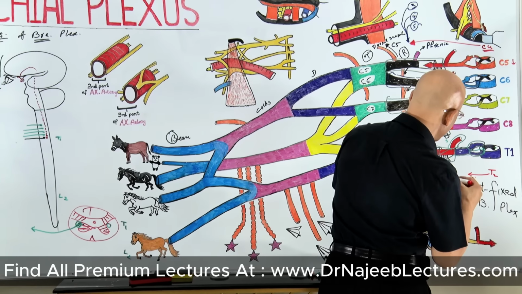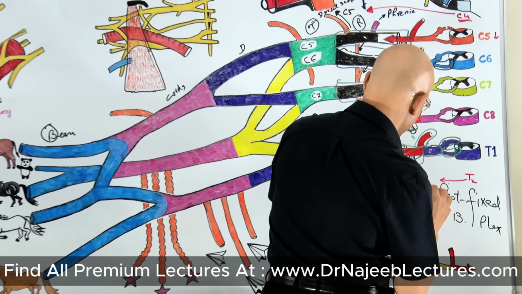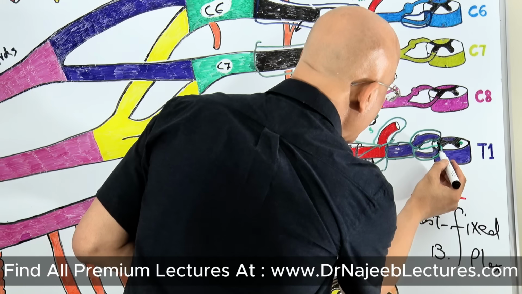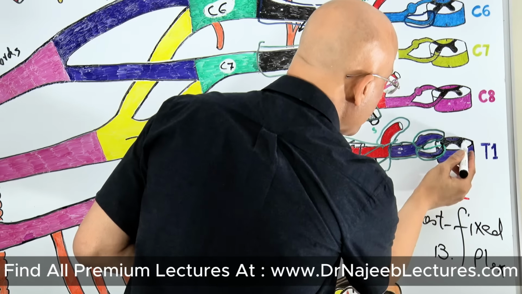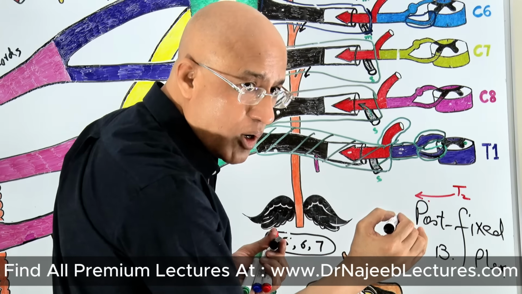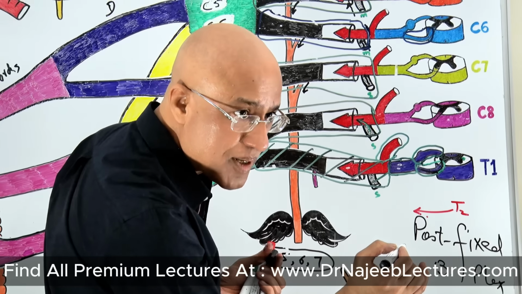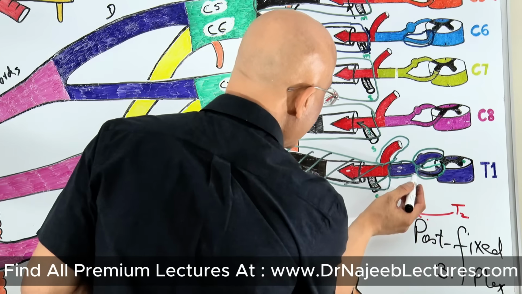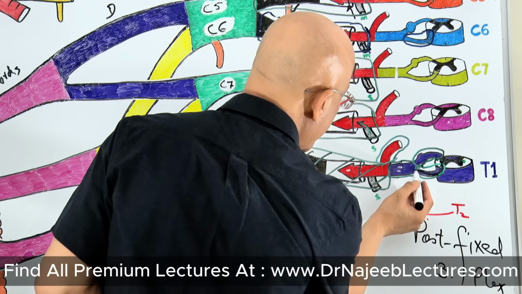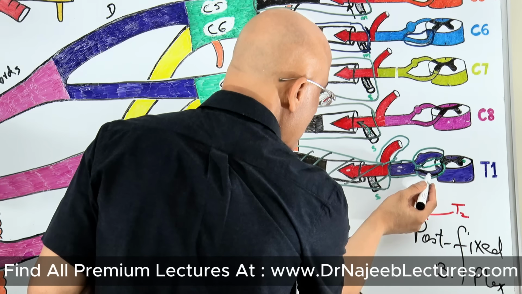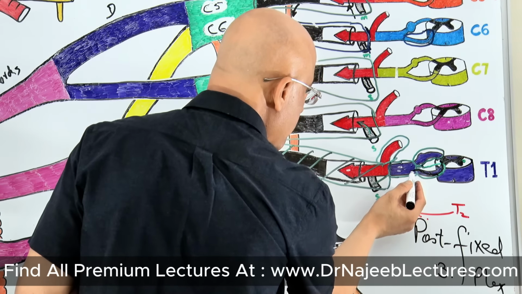I will make it red or black. These are special sympathetic fibers from the lateral horn coming into the ventral root. We call it visceromotor fiber, sympathetic motor fiber. These fibers go into the ventral root, not the brachial plexus root, then the mixed nerve.